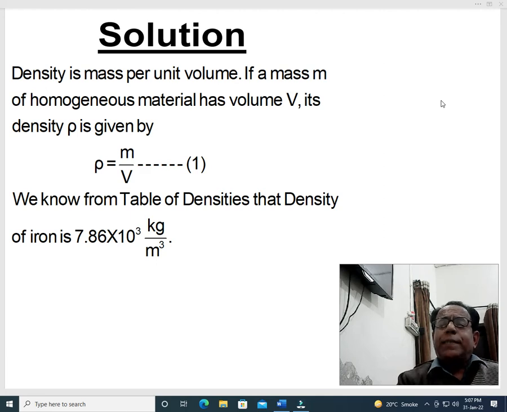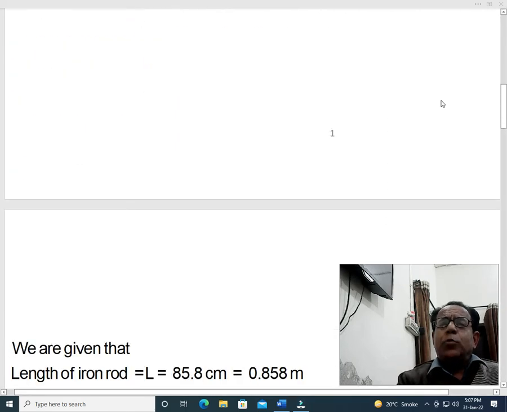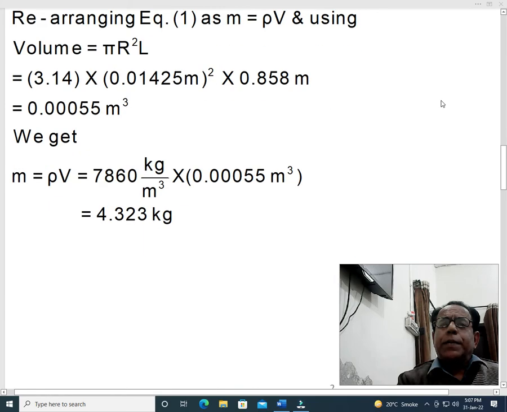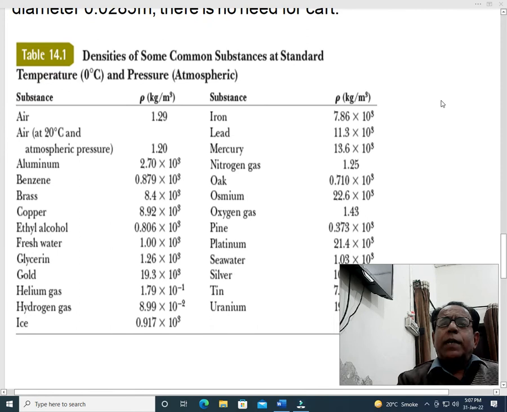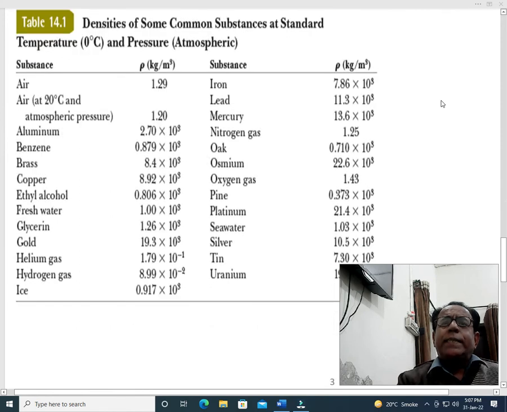Now let us first see the table to make our concept clear, then we will come back towards our solution. Okay, this is the table: densities of some common substances at standard temperature and pressure. Substance, density rho in kilogram per meter cube.